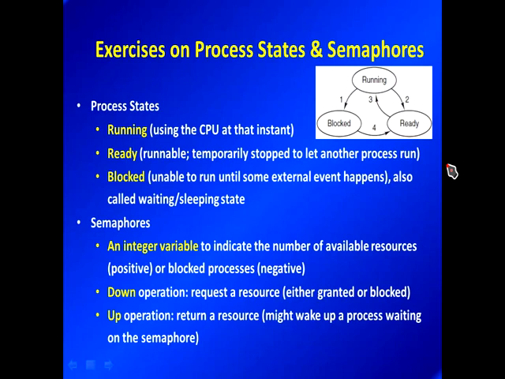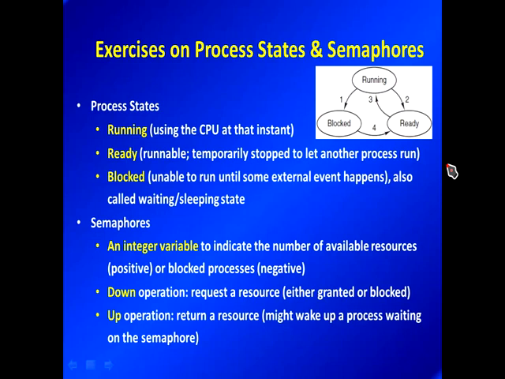producer and consumer problems. We have three semaphores. One semaphore is mutex, which is used to control the access to the critical region, because the producer and consumers need to share this fixed-size buffer, and some need to put new items in the buffer, and some need to take the items out of the buffer.